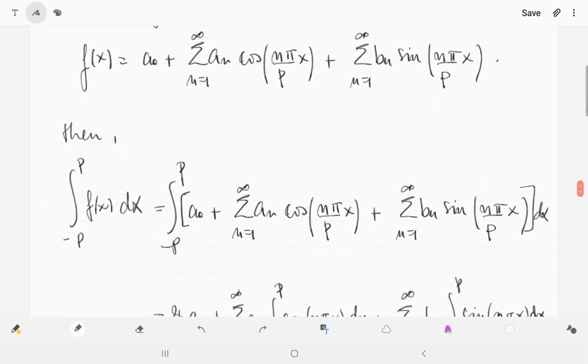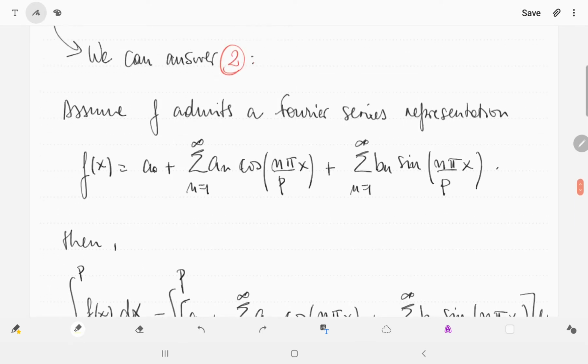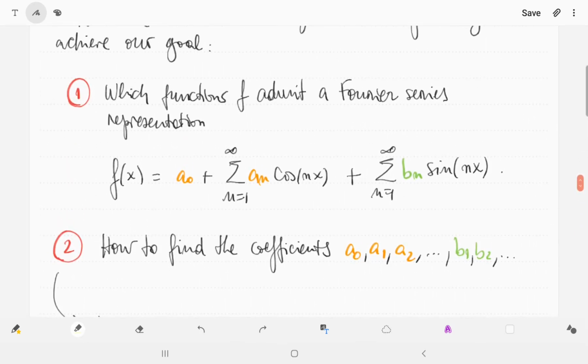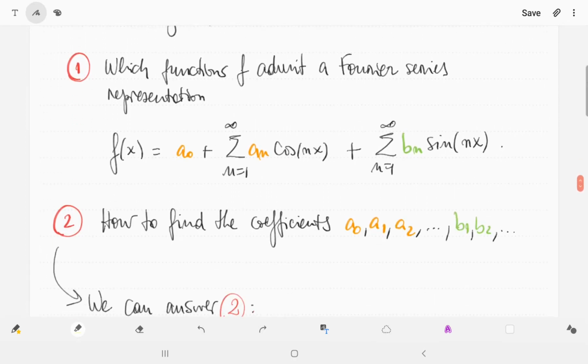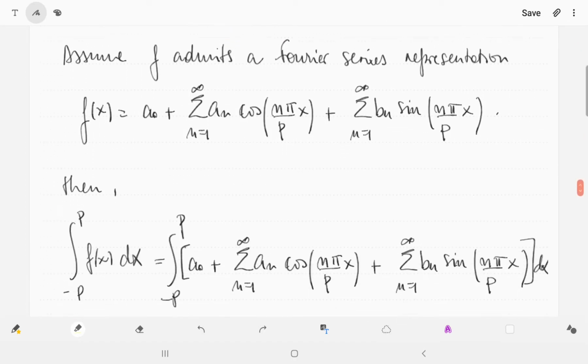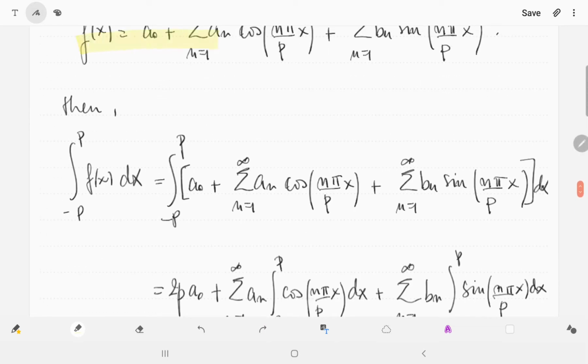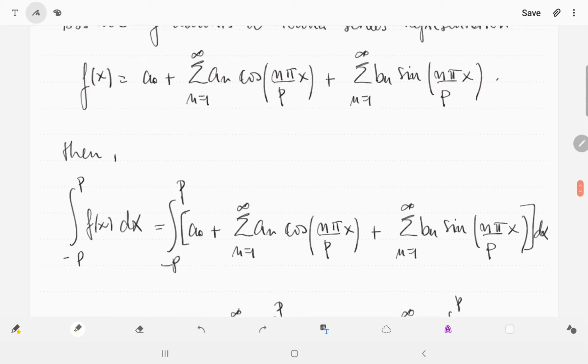Okay, so assuming f has exactly this form, we integrate f in the interval minus p to p. And we are assuming that this f is a 2p periodic function, because remember that we proved that each of these functions is 2p periodic, and taking this infinite linear combination would also give a 2p periodic function.